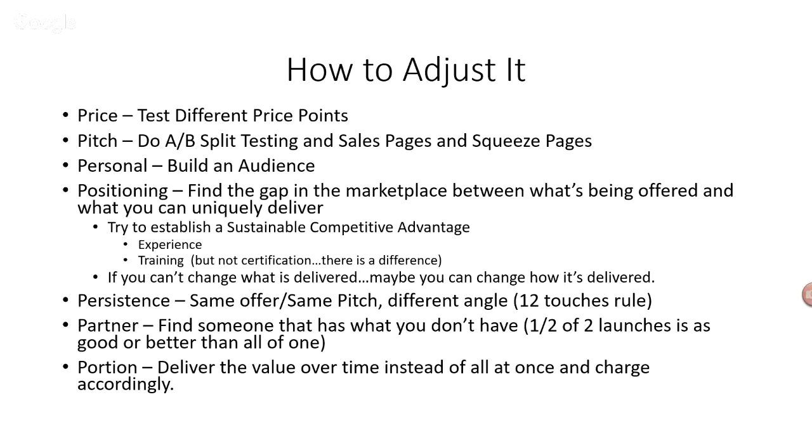You and I have to make it so that the value is huge, and what you're asking for in terms of price is small. And I know I say this every week, and I want to keep saying it. I've never been a great multi-level marketer, and I'm not one now. But I think they really do have something when they say that you've got to make sure the value is 10 times what you're asking for in terms of price.